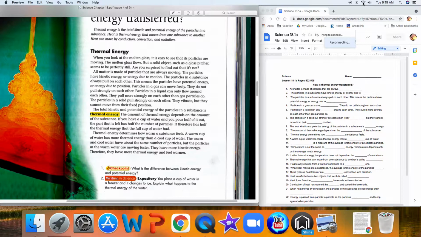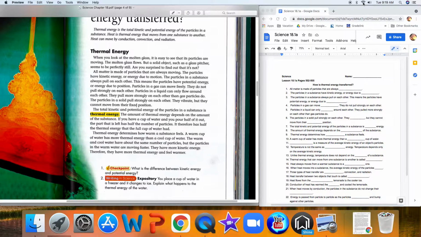The amount of thermal energy depends on the amount of the substance. If you have a cup of water and you pour half of it out, the part that is left has half the number of particles, so it has half the thermal energy that the full cup of water has.